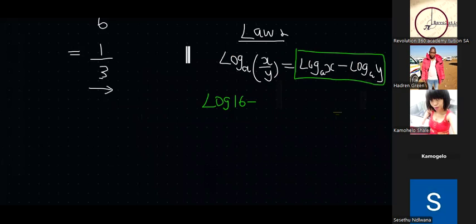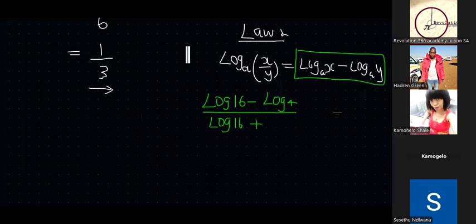Let's see if it will work for us. Divided by log 16. I'm not sure, but let's see. Log 4. So what you are going to do, you check this part.